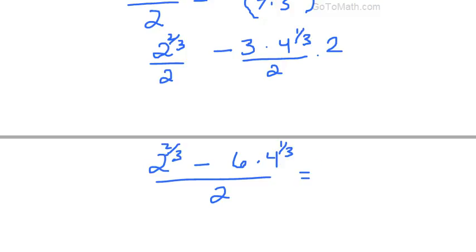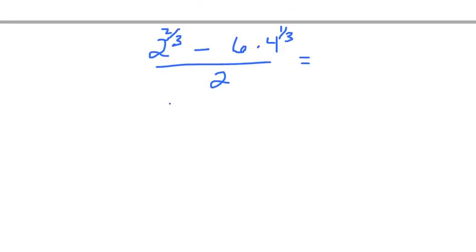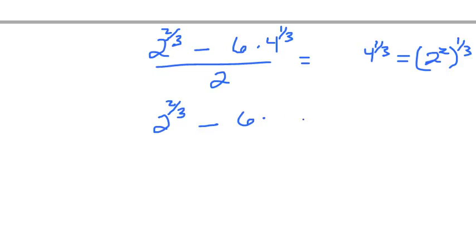We don't have radicals, but what we can do here is, I just noticed that we can write this 4 to the 1/3 as 2 squared raised to the 1/3. You see that? Okay, so that's going to end up making that 2 to the 2/3. Now we got like terms there over 2.